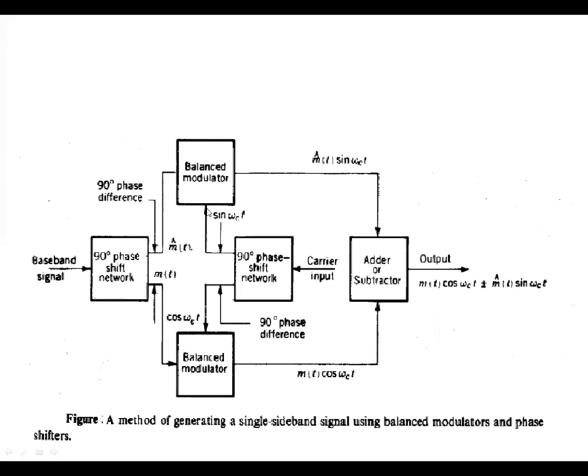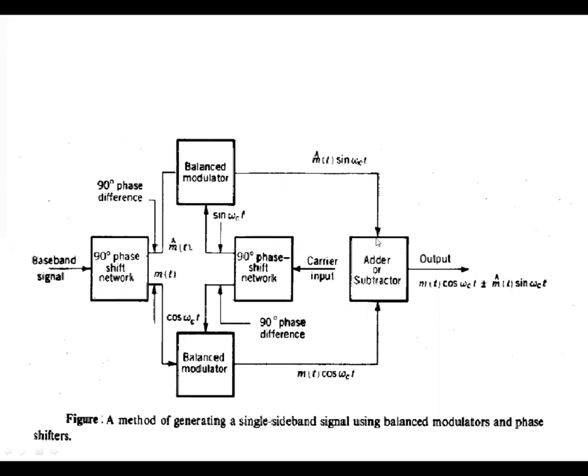The second input of the balanced modulators is the carrier, cos omega ct, and its 90 degree phase shift, sin omega ct. Cos omega ct is given to the lower balanced modulator along with m(t), and sin omega ct to the upper balanced modulator along with m cap of t. The upper output is m cap of t sin omega ct, and the lower output is m of t cos omega ct.